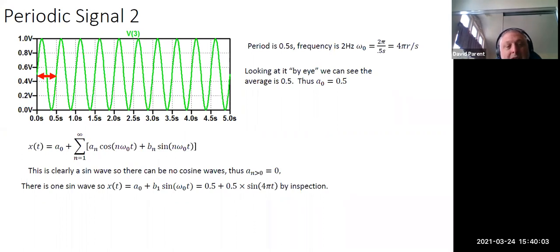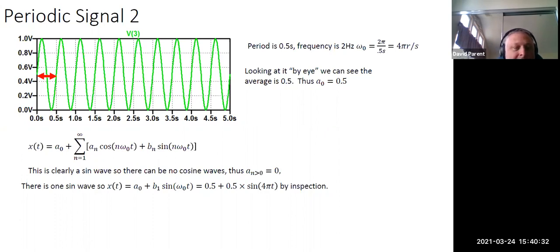So A0 cannot be 0. Also looking at it, I've put some red arrows to identify the period as half a second, so the frequency is 2 hertz.